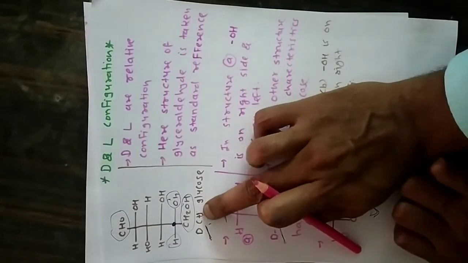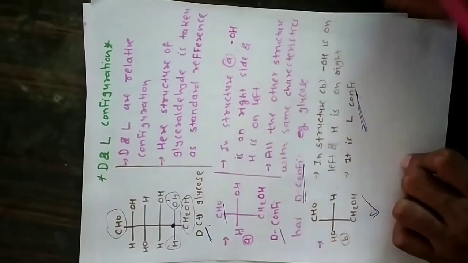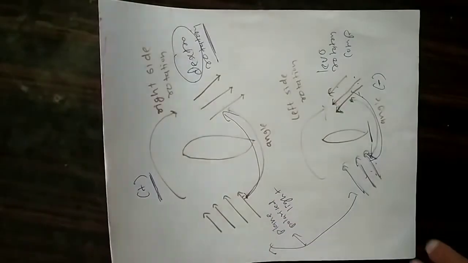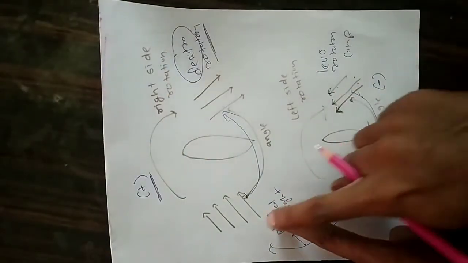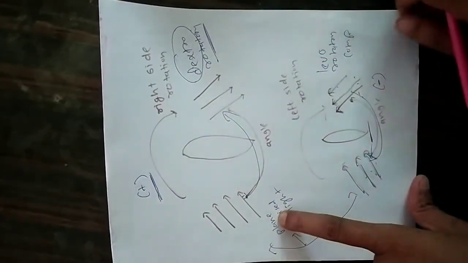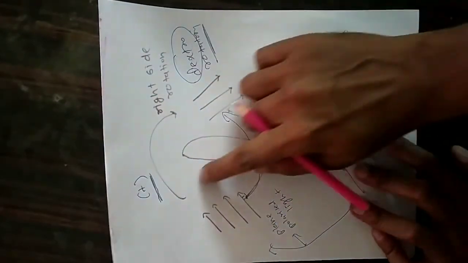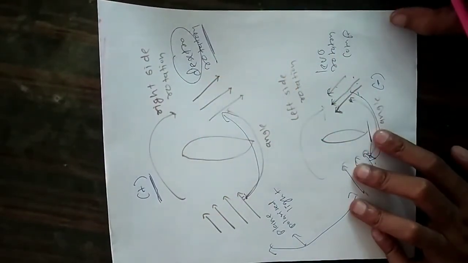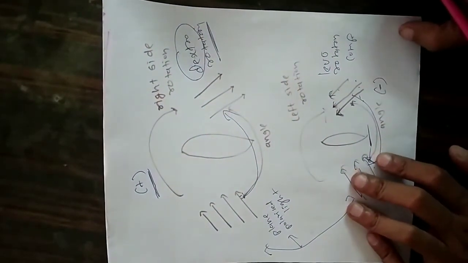This plus sign shows glucose is a dextrorotatory compound, meaning when we pass plane polarized light through a glucose crystal, it will shift the direction of the light waves to the right hand side. The rotation will be on the right hand side. So that is dextrorotatory or plus glucose, and negative means a levorotatory compound.